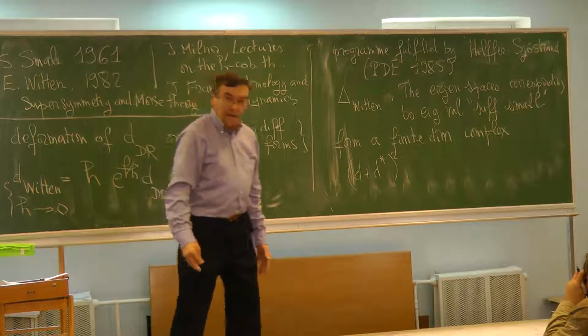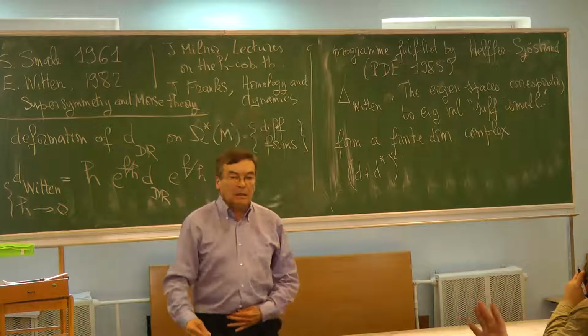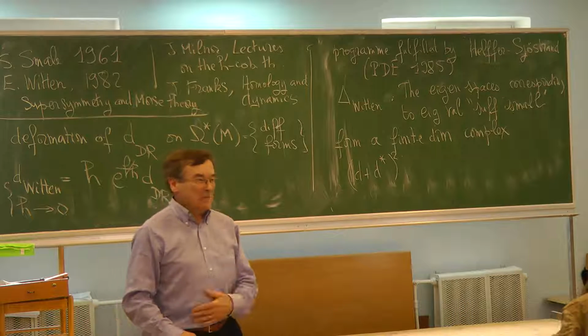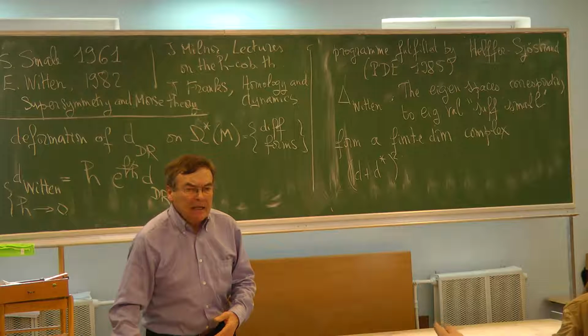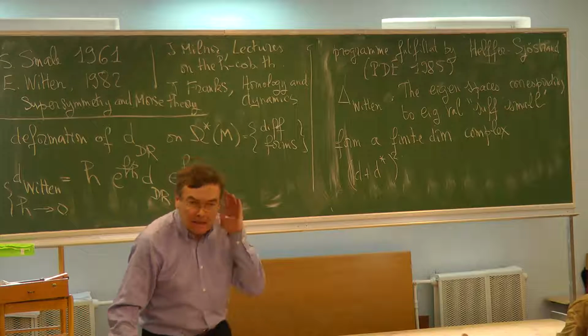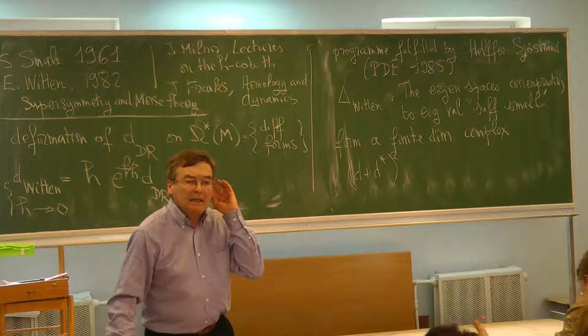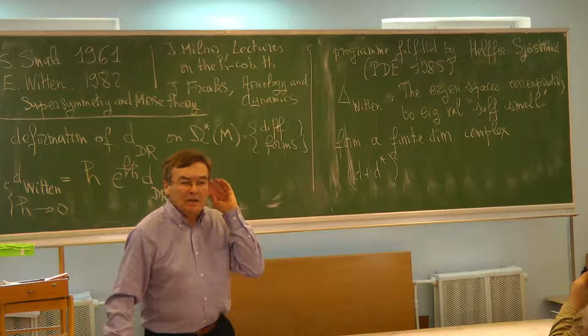Yes, you have a question. I am not an analyst. You say that these eigenspaces of the Witten Laplacian form a complex isomorphic to the Morse complex, when these eigenvalues are what? Sufficiently small.